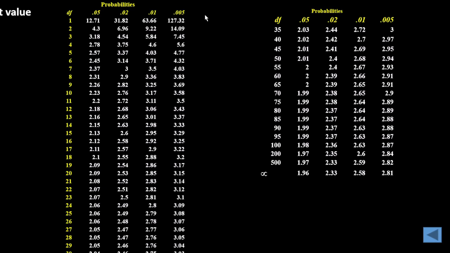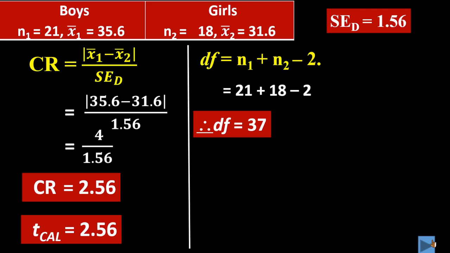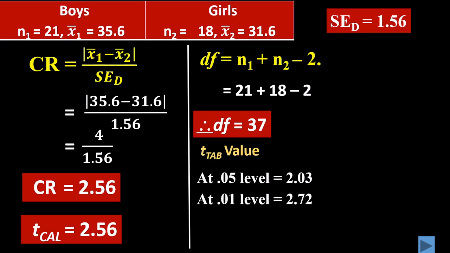We have to remember these two values, and we have to compare our t calculated with these two values. So the t table values required at 0.05 level and 0.01 level are 2.03 and 2.72 respectively.